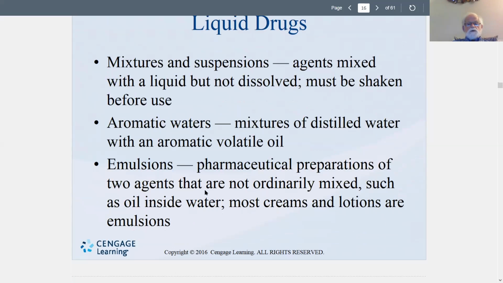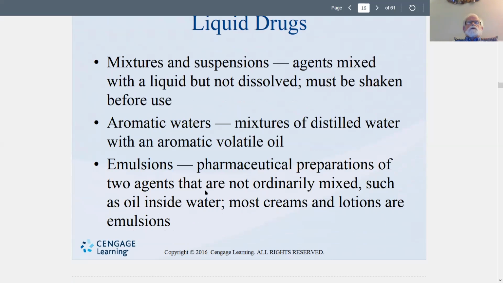Liquid drugs, mixtures and suspensions. These are drugs that do not fully dissolve in water or in whatever we're delivering them in. They require vigorous shaking before use.